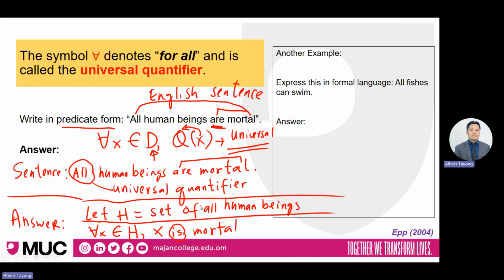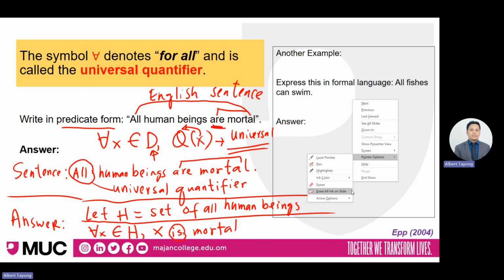Of course, you can also define Q. Here, if you're going to define "are mortal" or "is mortal" as Q, then this will become Q of X here. You can also do that, okay? But you will have to define it again.